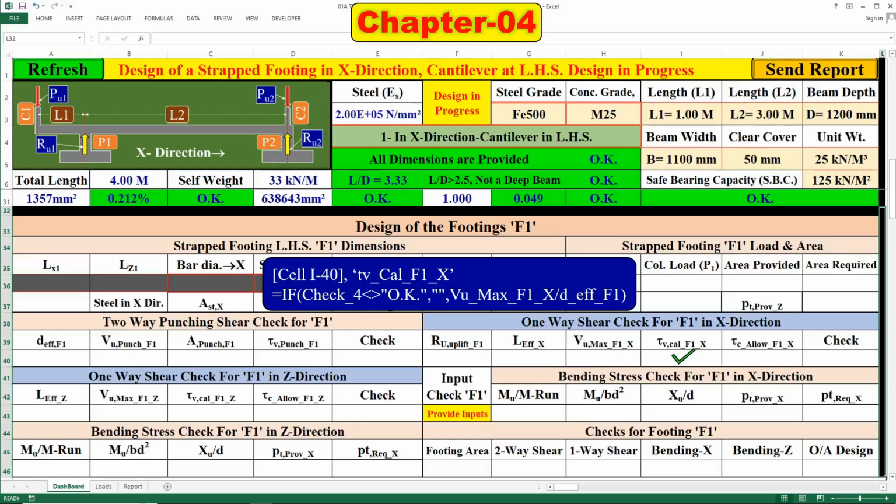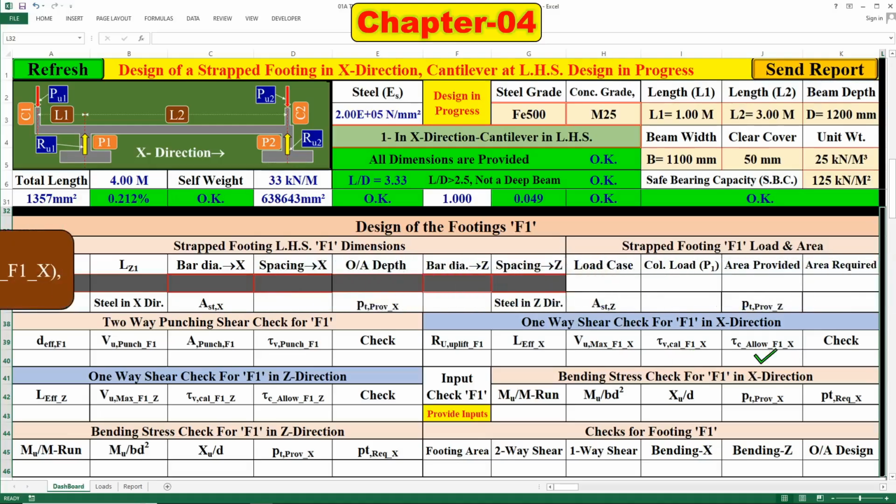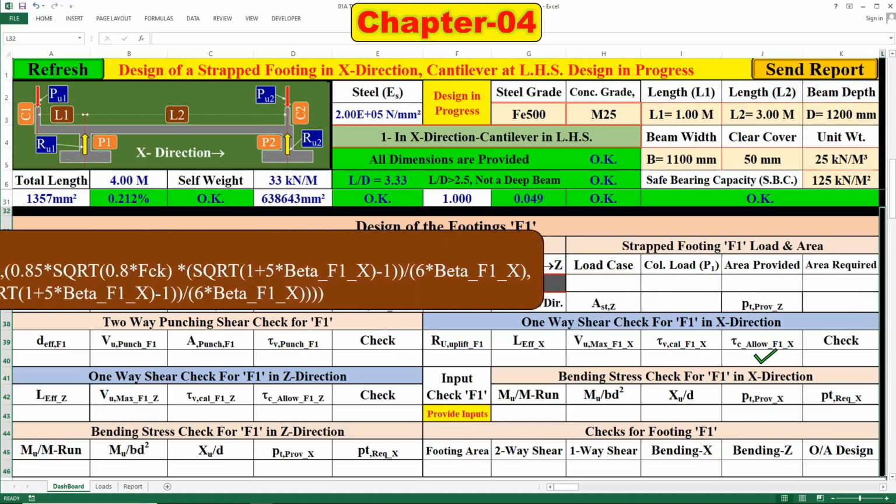Otherwise, it will calculate the value of TV_cal_F1_x by dividing the value of VU_max_F1_x by D_EFF_F1.